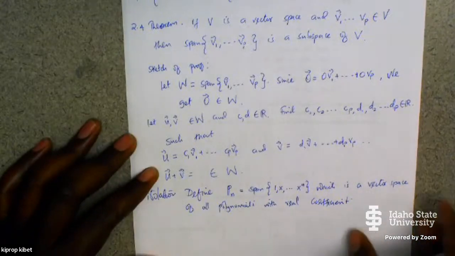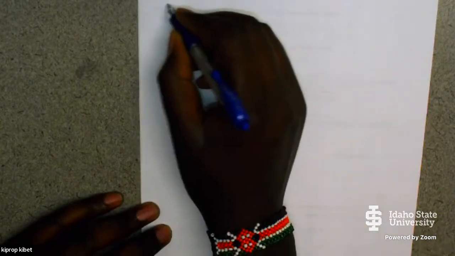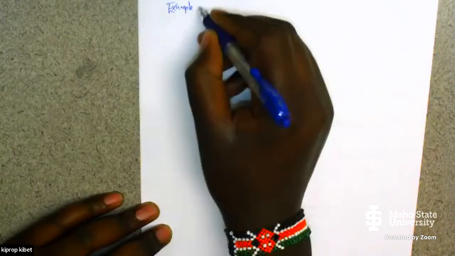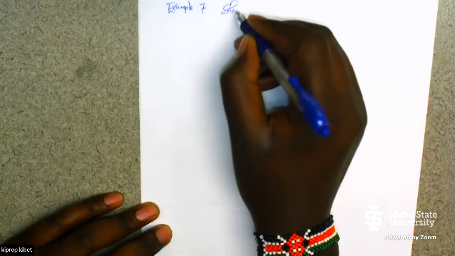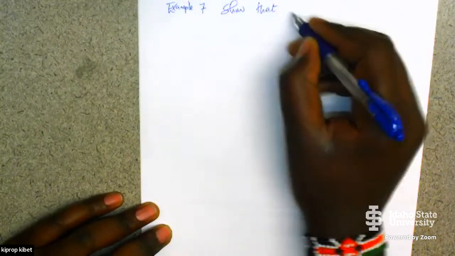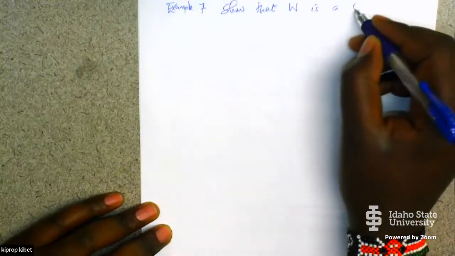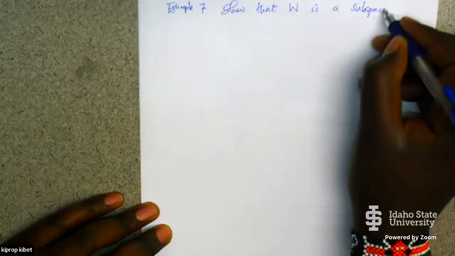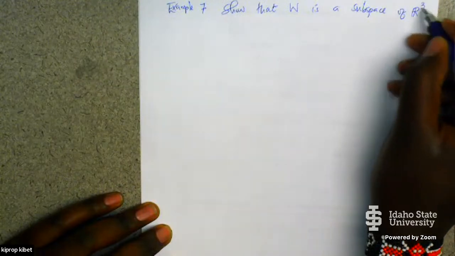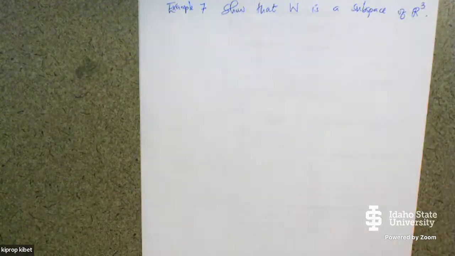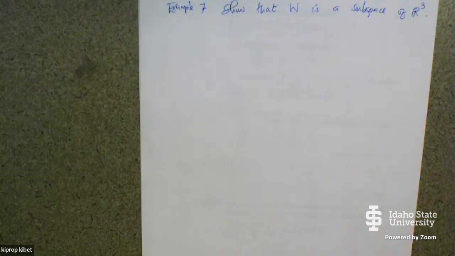Example number 7. And this will be in your third exam. Number 7: show that W is a subspace of R3.